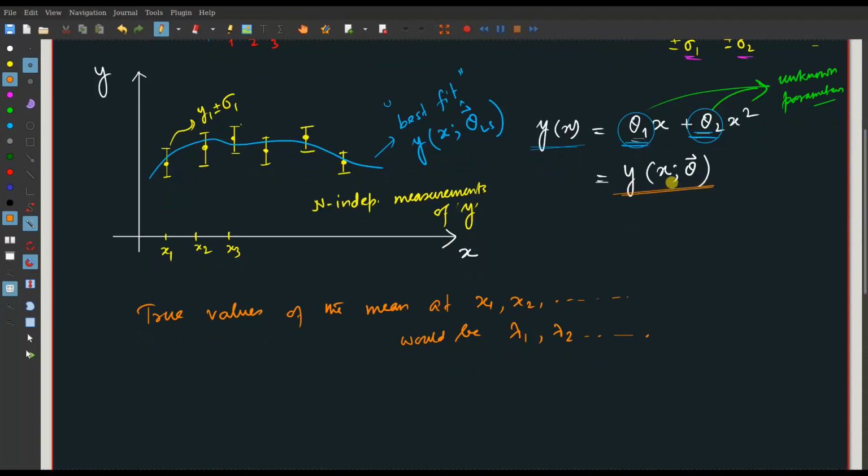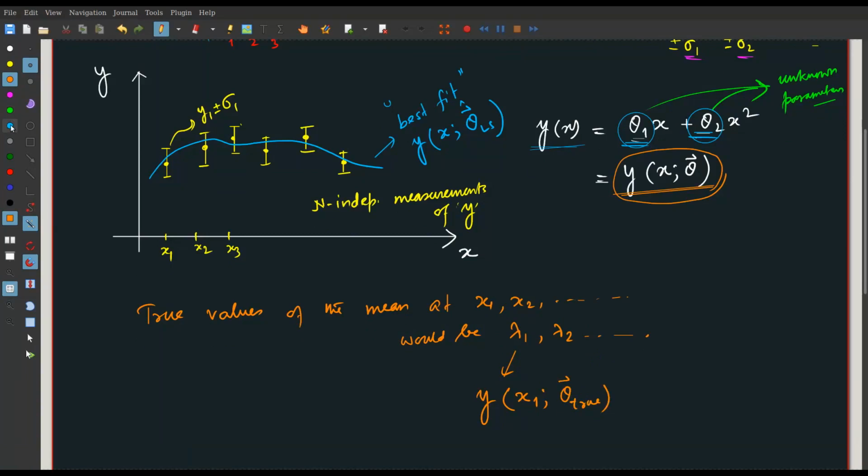Which will be obtained by this. So if we knew this functional form with the true values of theta, I could calculate this lambda 1 by just plugging in the value of x1 and the true value of theta. So this lambda 1 is basically the actual function, y at x1 and theta true, the true value of theta that we never know.